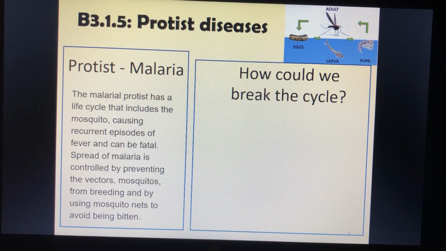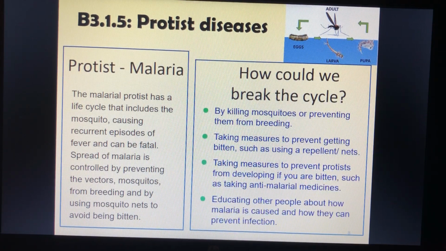So next we're looking at the Protist. It's the only one we've got that is the Protist, and it's malaria. Malaria is transported using a vector, which is the mosquito. The mosquito doesn't suffer from malaria, and the mosquito is not the Protist. It carries the Protist. So the mosquito feeds on an individual's blood and then transports that.